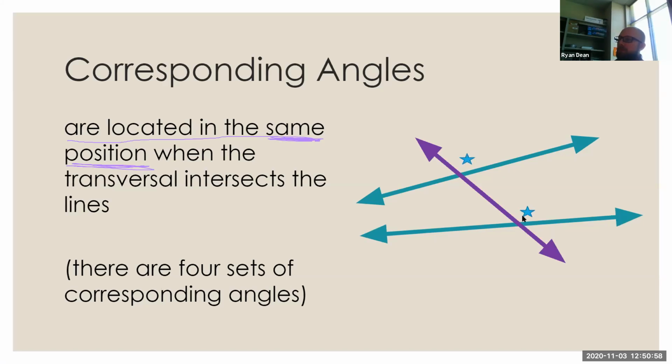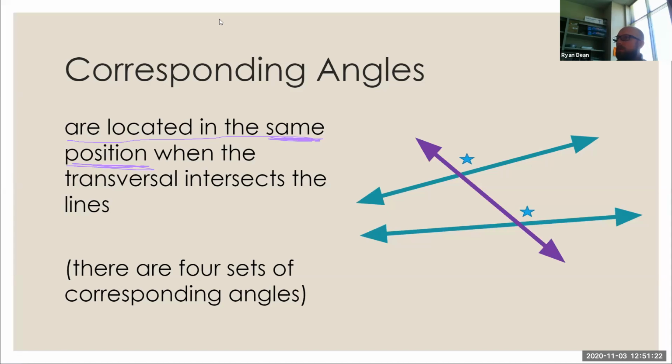So we have these two blue stars. Both of the blue stars, I like to label the angles in terms of top, bottom, left, and right. So these stars, if you're only looking at this top piece up here, at these four angles, this blue star is in the top because it's on top of this blue line.